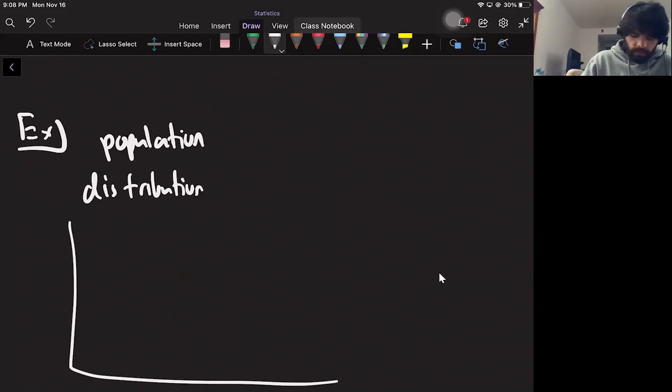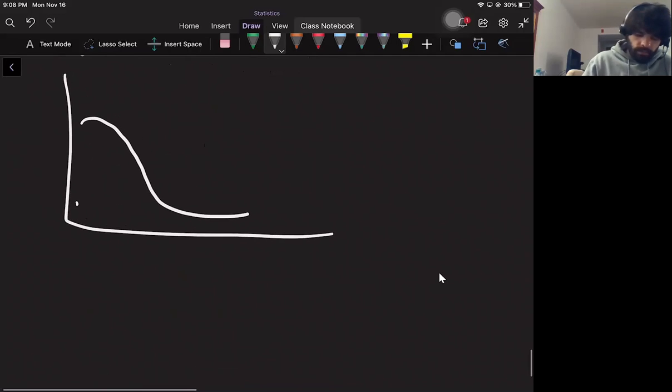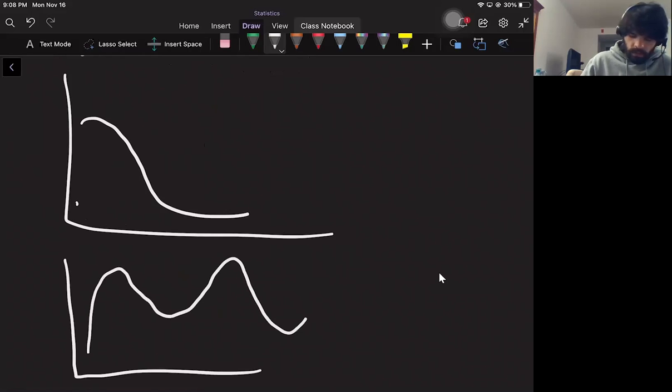So that means the data could look like that for your population, or it could look super weird, or whatever you want. Doesn't matter.